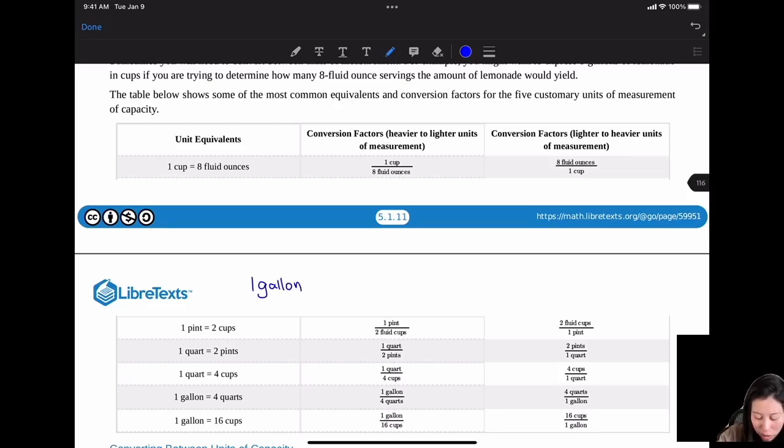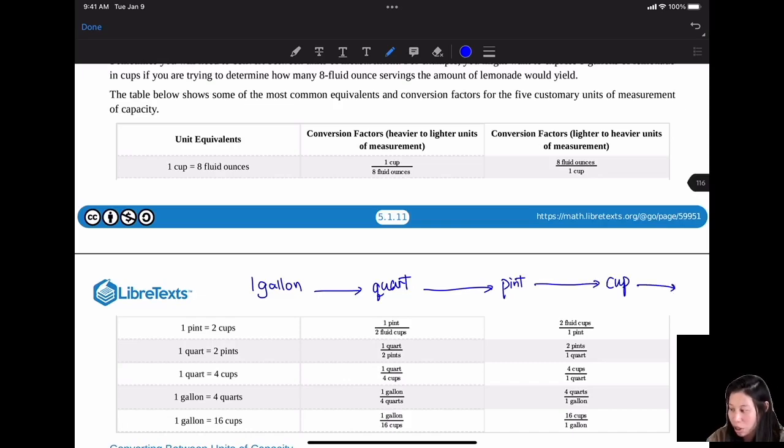So we have 1 gallon. And then the next unit would be quart. And then the next unit would be pint. After pint, we use cup. And then after cup, we have fluid ounces.